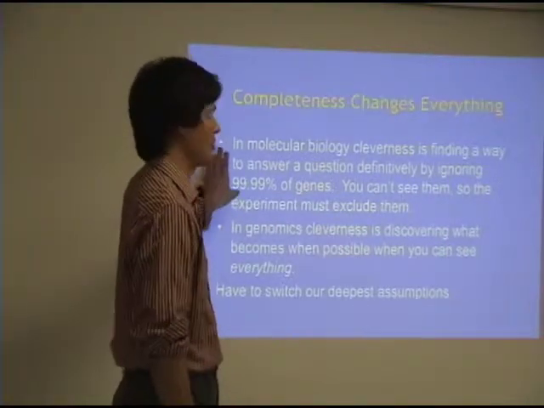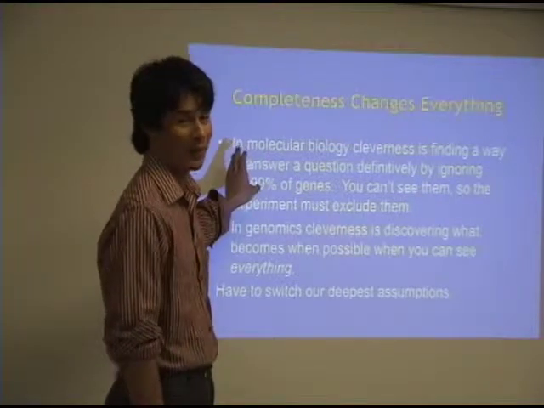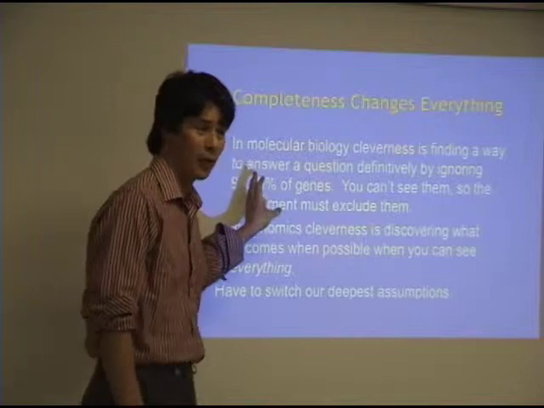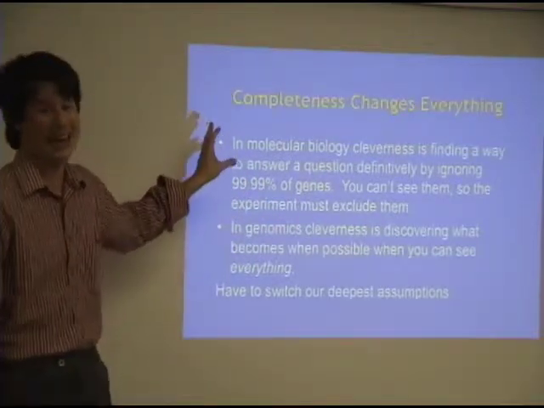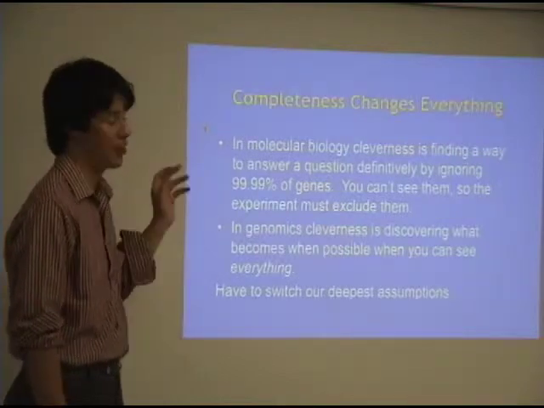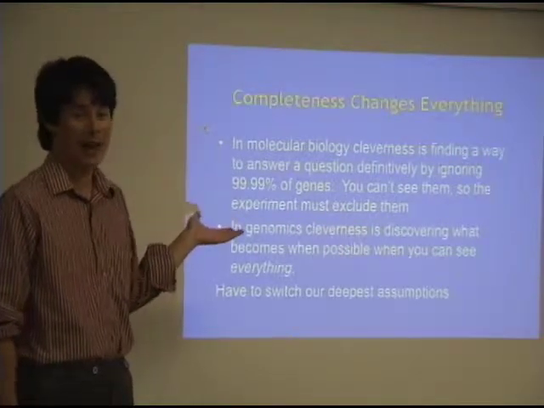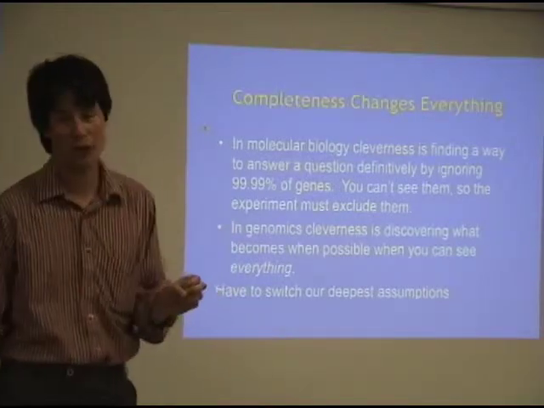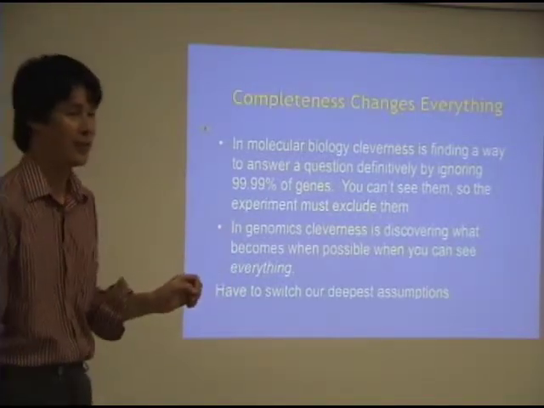To answer any kind of question, you had to take into account the fact that you just couldn't see what was going on with 99.99% of the genes in that genome. You didn't have a method that could actually measure them all at one time. So you had to concentrate your effort on just a few genes at a time.